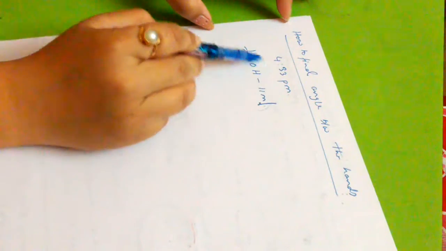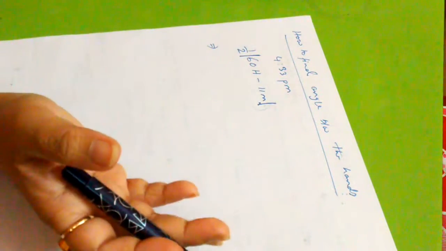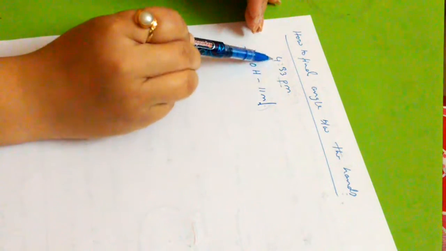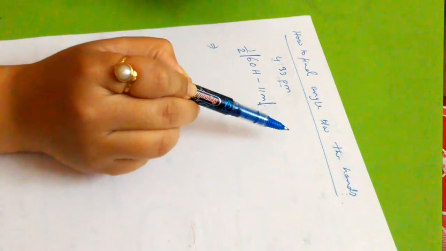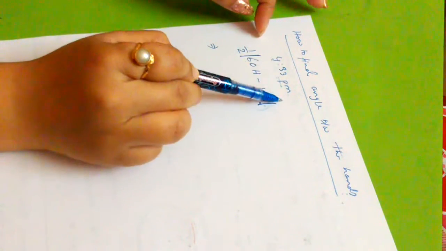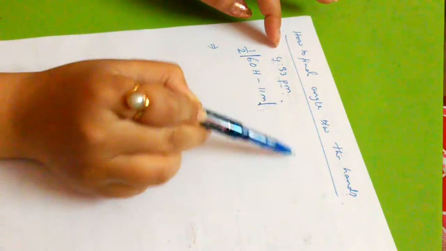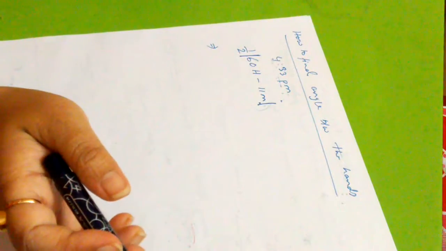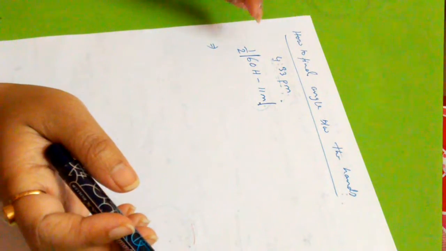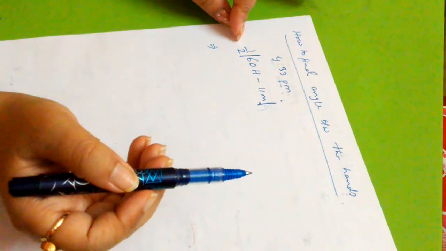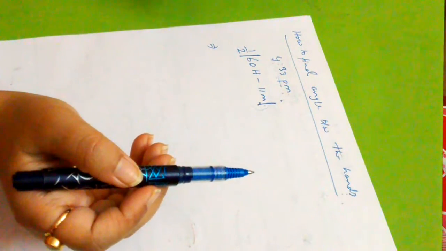In this we are mainly considering the whole day, but here I have asked what the angle between the hands will be when the time is 4:33 p.m. So for this we need to consider 12 hours only and not 24 hours. That is why I am dividing this by 2. I hope there is no doubt with the formula.